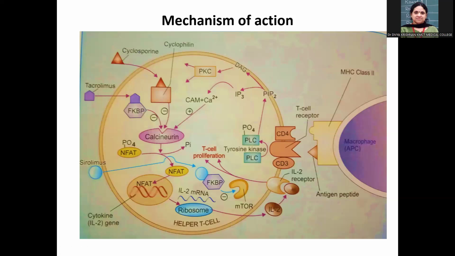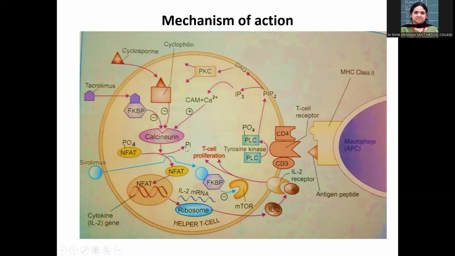Now IP3 will cause the release of intracellular calcium, and this calcium will bind to calmodulin, and it will activate a serine threonine phosphatase, which is called calcineurin. This is the calcineurin. Now this calcineurin will dephosphorylate a regulatory protein called NFAT.